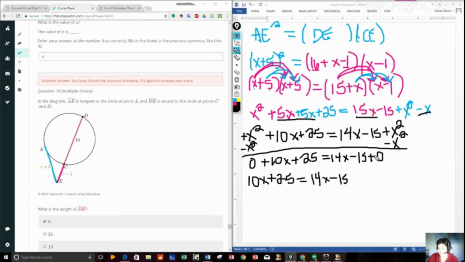So now we have a 10x over here and a 14x, and the 10 is not negative, so it's assumed to be positive. So we subtract 10x from both sides.